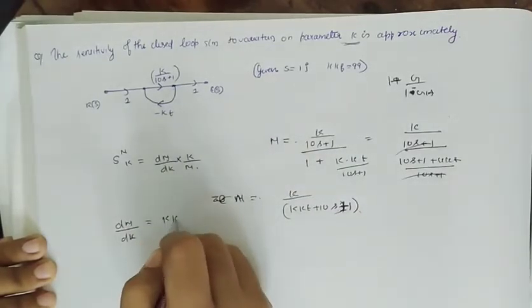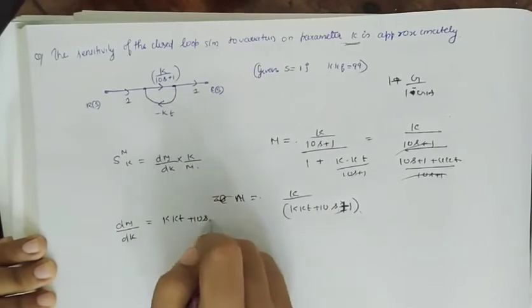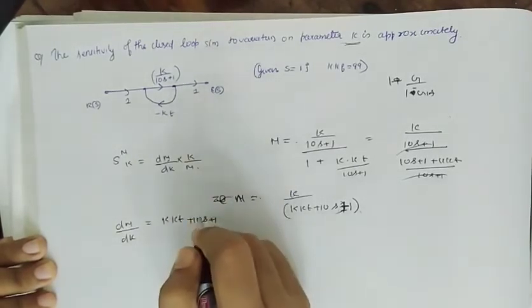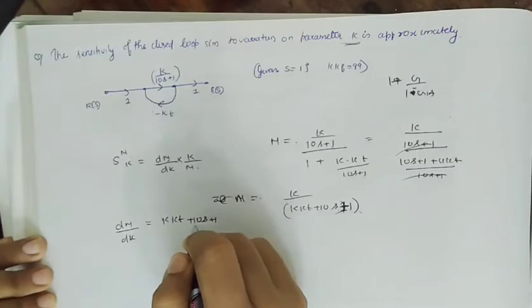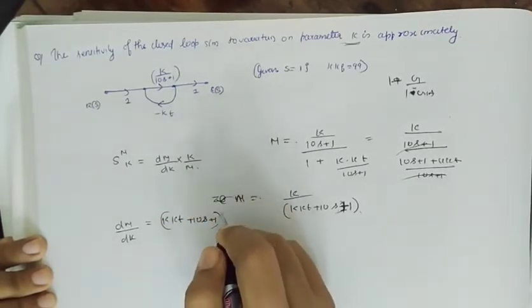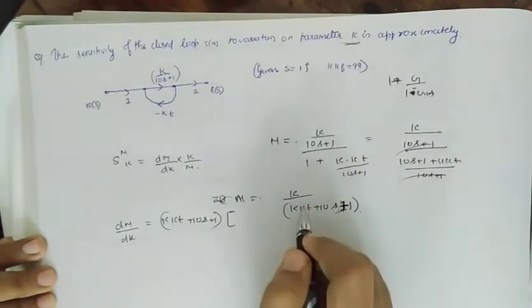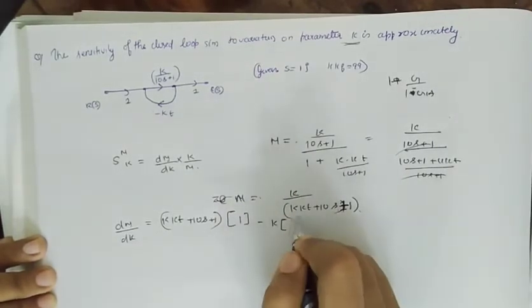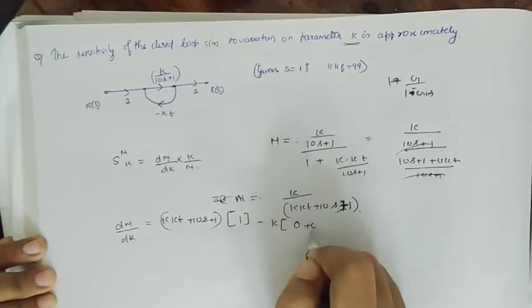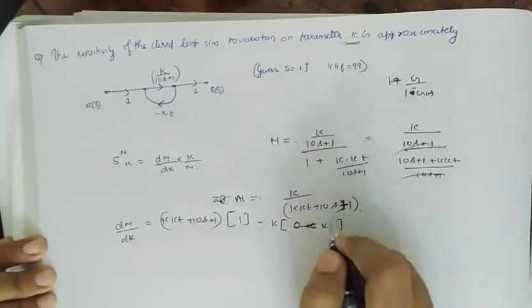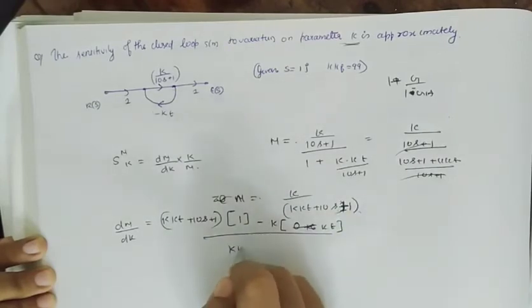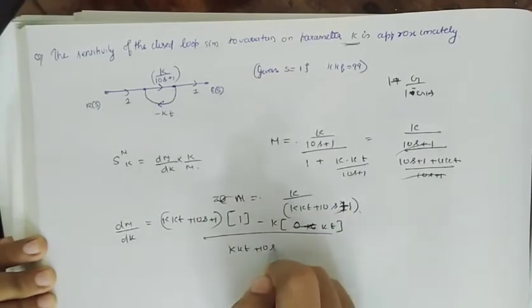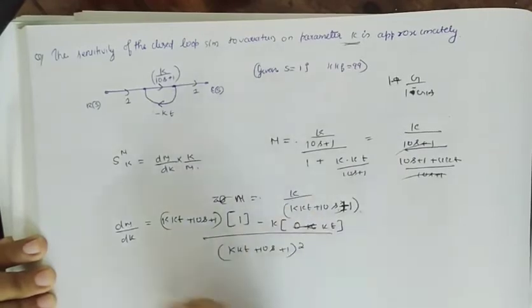That is (k kt plus 10s plus 1) into 1 minus k into (kt plus 0), divided by (k kt plus 10s plus 1) the whole square.